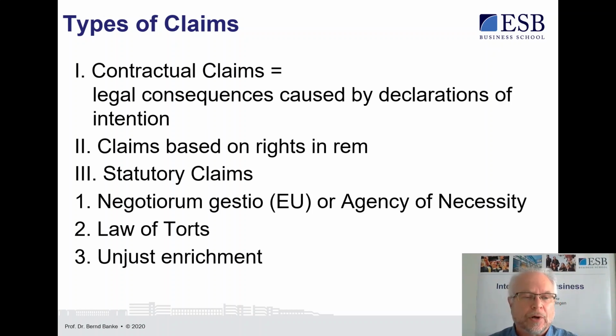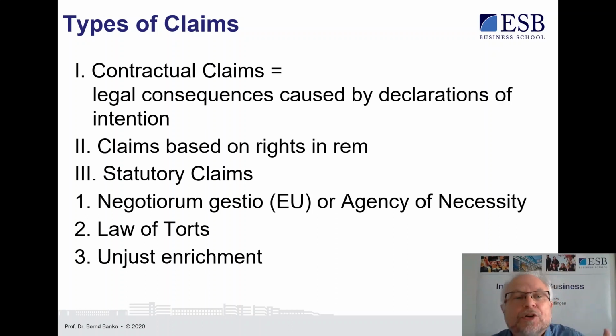And these are our good old five different types of claims we looked at before in our lesson. So we have contractual claims, we have claims based on rights in rem, and we have that group of statutory claims, which are agency of necessity, law of torts, and unjust enrichment.